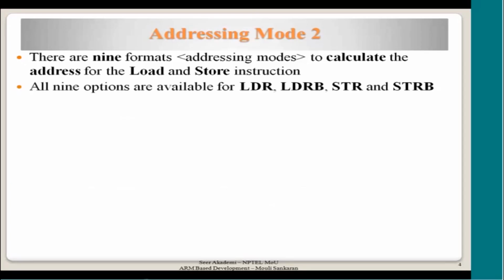There are 9 ways to do it, but in this particular mode you can either access a word or an unsigned byte. Similarly, store can either store a word, and always remember, a word is a 32-bit value, or it could store an unsigned byte into the memory. Whatever I say about the different formats is applicable to all these 4 instructions.